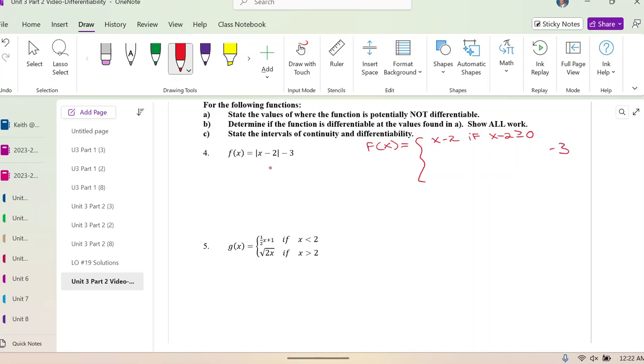And we'll put the minus 3 out here for now. Then it's going to be the opposite of x minus 2 if x minus 2 is less than 0. So this is x minus 2 if x is greater than or equal to 2. Negative x plus 2 if x is less than 2.